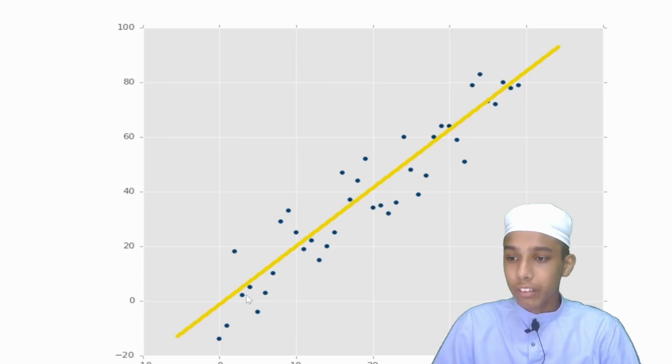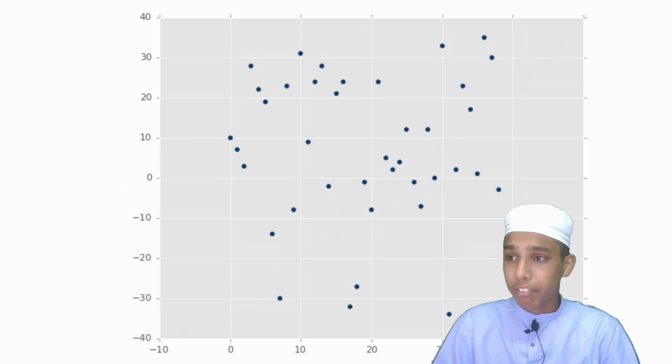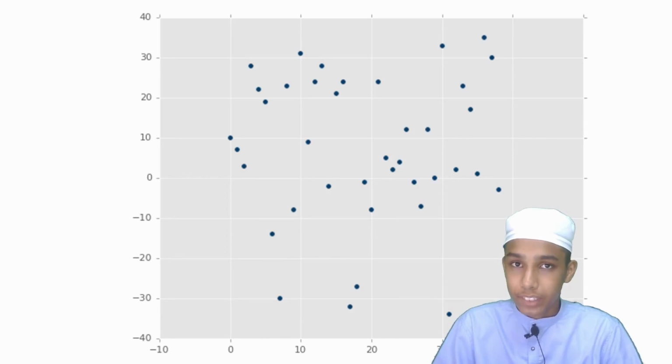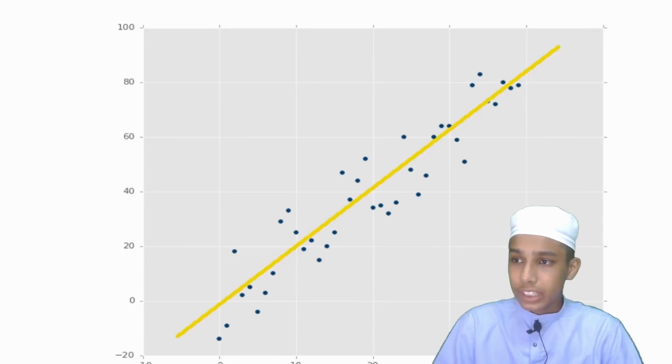Anyhow guys, what if we have dots something like this? Are we able to send the line like this? No, right? Because we don't have the space between the dots for sending. So guys, this is known as correlation. What is correlation?